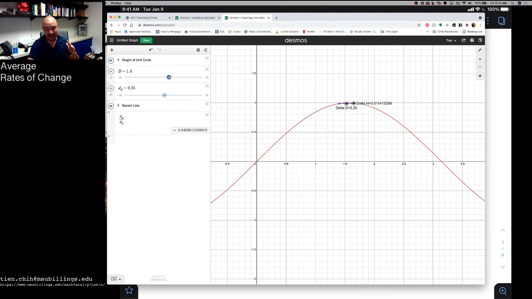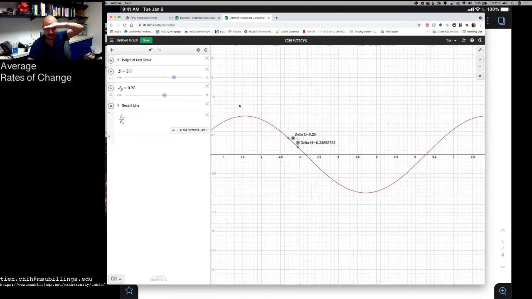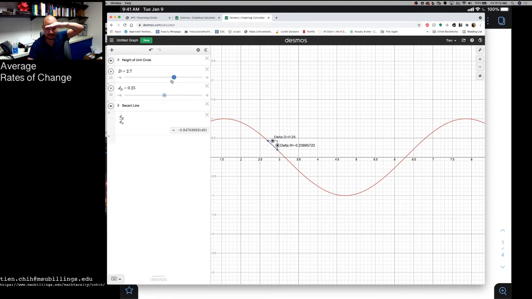As I reach the top here or so, it bottoms out, it gets close to 0, it turns negative. And then it kind of bottoms out again, and it starts to go positive again, right? So this is just a different way of visualizing what we had shown on the circle.